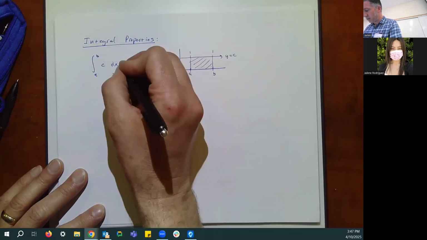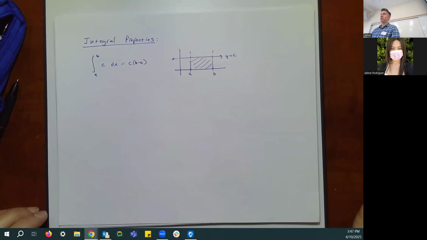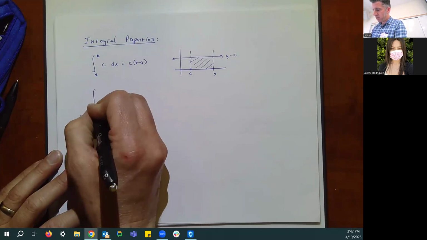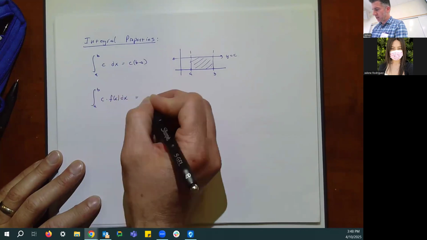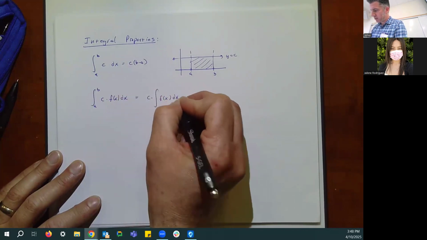And that area is the base times the height. Not too terrible. If you have the integral of a constant times your function, it is always fine to pull that constant out in front of the integral. We do it all the time.